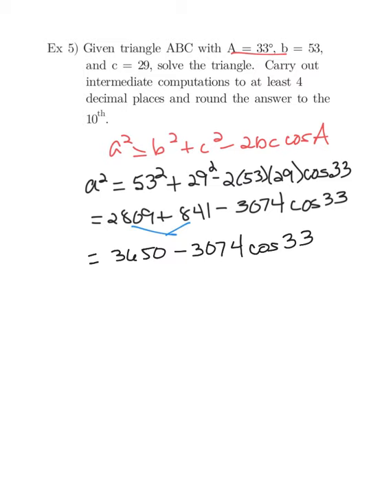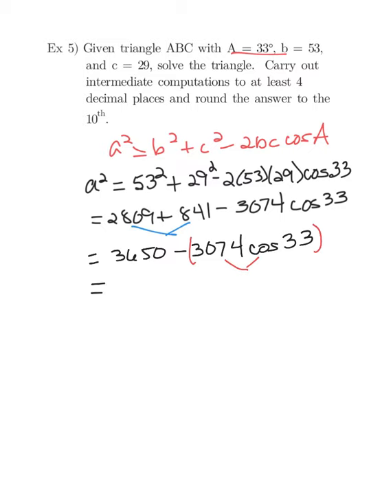We have to multiply before we subtract. So what you can do when you're putting it in your calculator is put in the 3,650 minus, and then put 3,074 times the cosine of 33 in a set of parentheses.